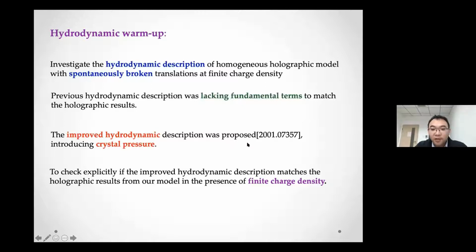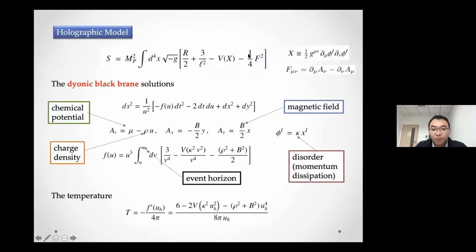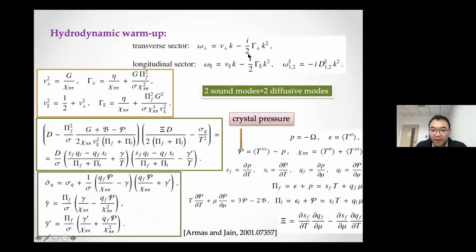This year, in this paper, the authors provided an improved hydrodynamic description. They introduced the crystal pressure. So in the first part, we just want to check if this improved hydrodynamic description can match the holographic result from this model without a magnetic field.